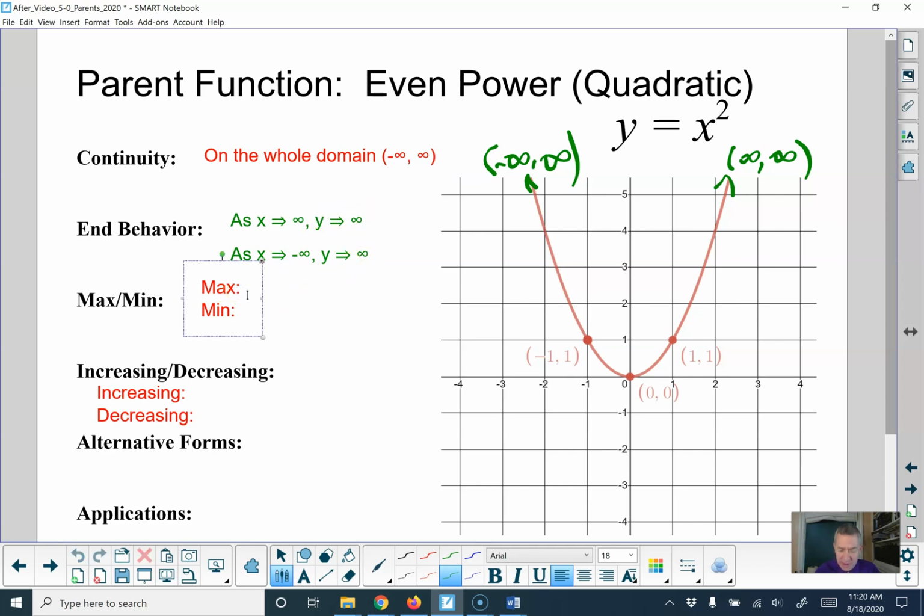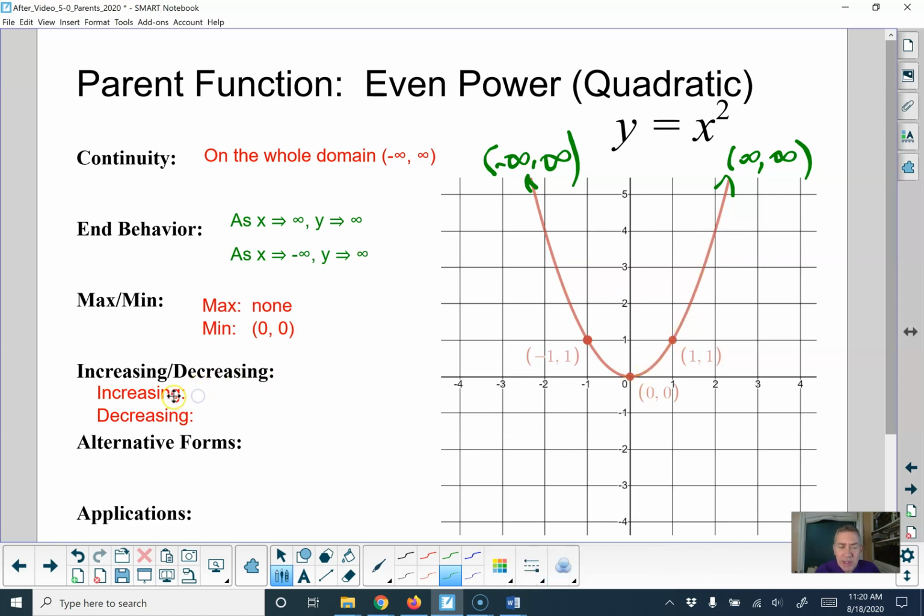Maximum and minimum points, as you can see, there is no max, but there is a minimum. The minimum is the vertex, 0, 0, not a surprise. Increasing and decreasing, remember we're talking about moving from left to right. So as you move from left to right, when x is negative, you are decreasing. I'm going down, and after 0, 0, after the vertex, I am now going up.